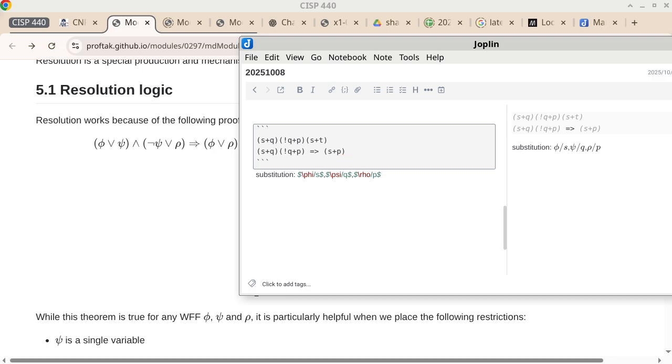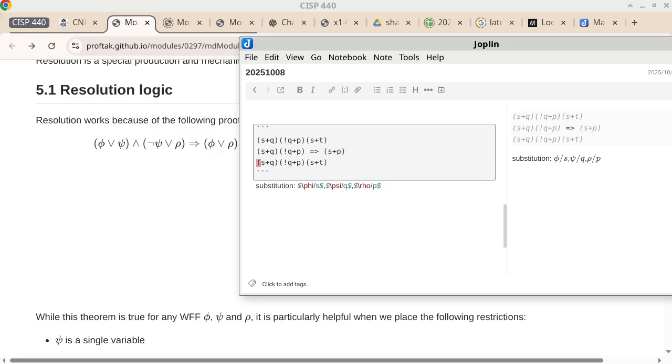So what does that mean? If the original expression is this, the question is, can I simply append the result of the implication at the end of this? And if this is true, I'm also guaranteed that this is true too.